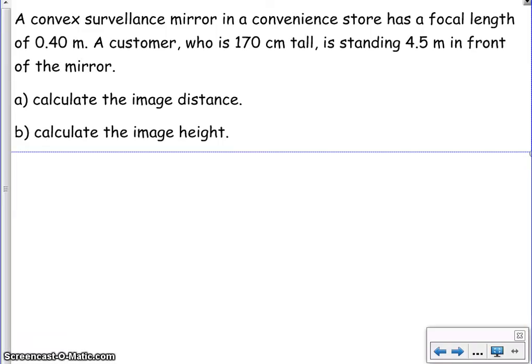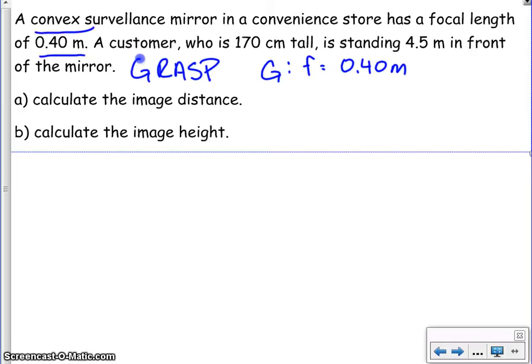So once again, I'm going to use the GRASP method. I'm going to start off with G, which is all the given information. Here they give us the focal length again at 0.40 meters. However, it is a convex mirror.